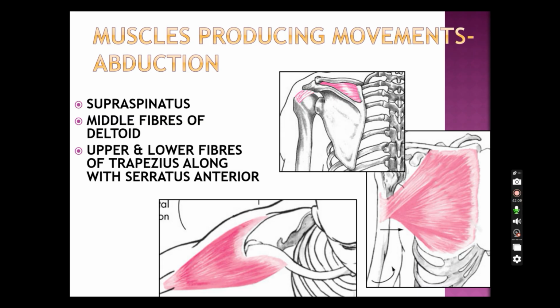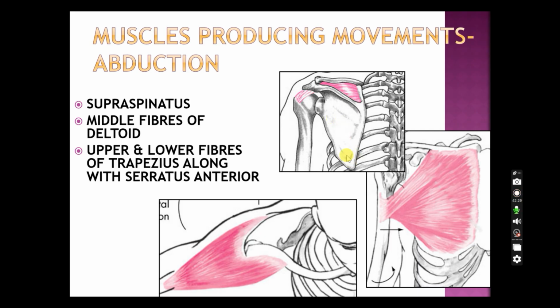In that condition, the glenoid cavity is exactly directed upward. In the normal condition, you can see it's directed laterally, backwards, and upward. But in overhead abduction, what is happening?